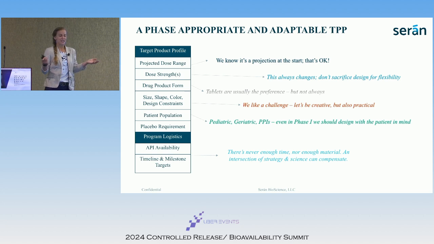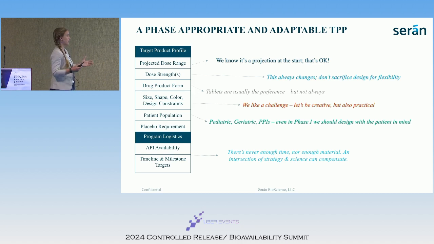Program logistics. In addition to being more complex and going faster, there's never enough API. So how we strategize the development of a product really needs to take these things into consideration. We can't just assume an ideal situation.